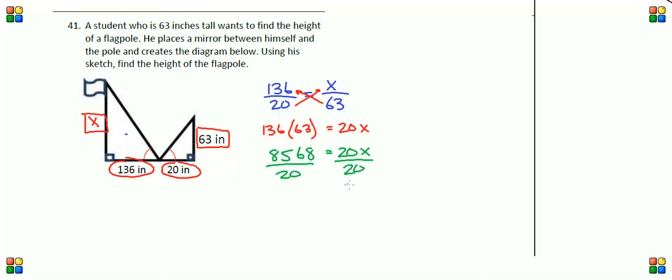And we end up with x is equal to 8,568 divided by 20, which is approximately 428.4. Everything on our diagram is in inches, so our unit of measure is inches. So the flagpole height is approximately 428.4 inches.